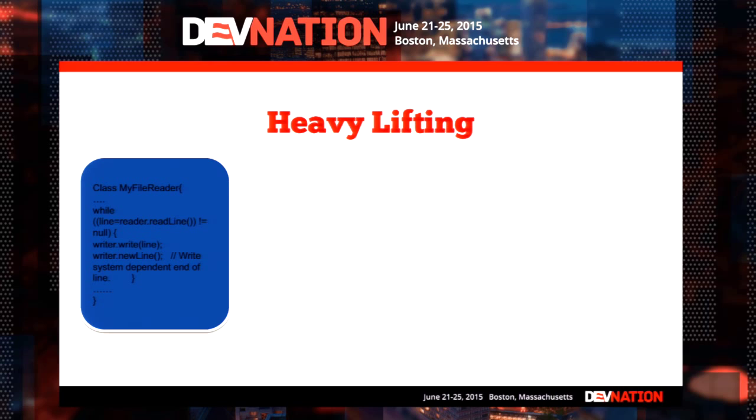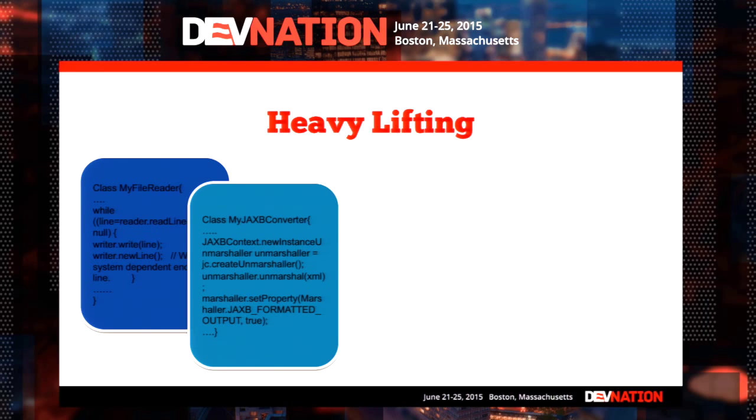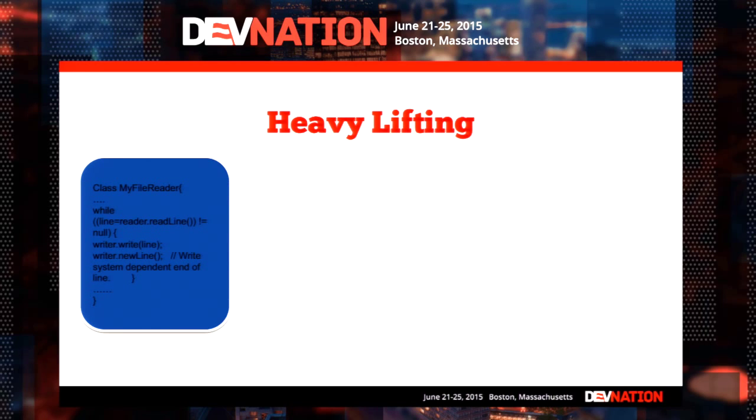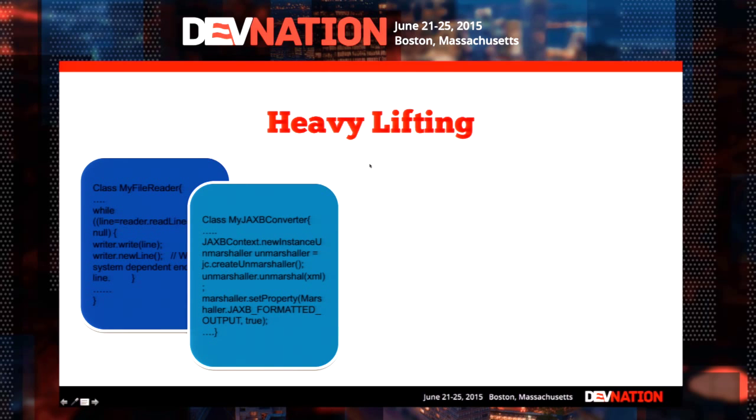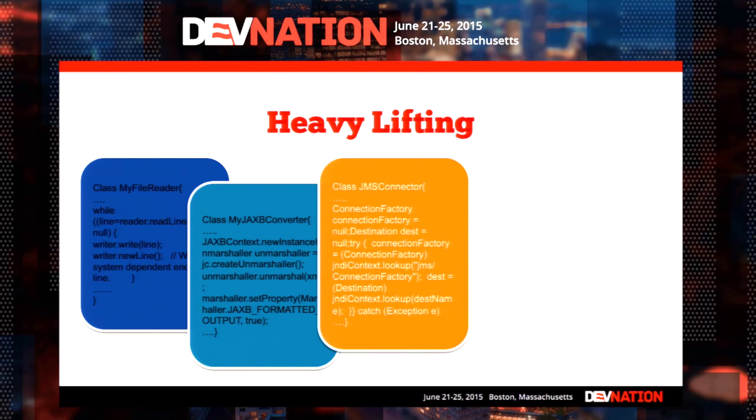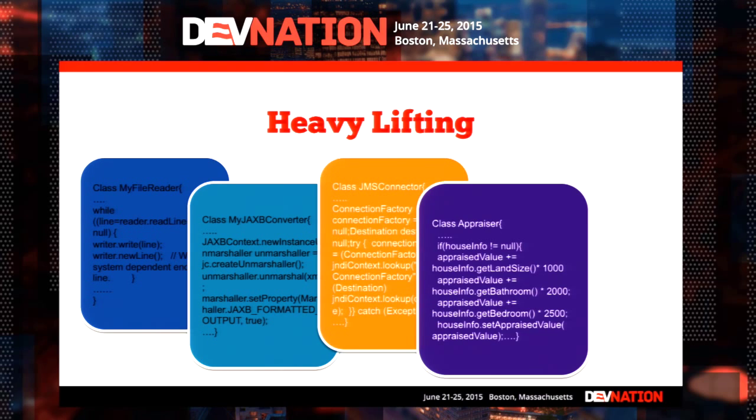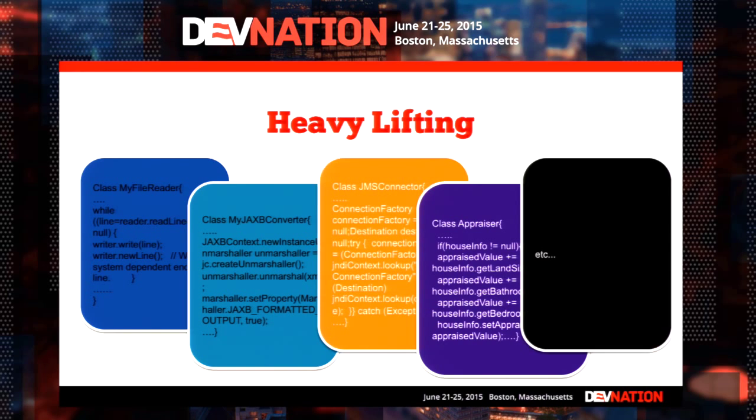So first of all, I need to have a file reader that's going to read lines and things like that. Then we're going to use JAXB, which is going to parse your content. And then we're going to put this message into a messaging queue. And then you have to implement the JMS part and everything. That's everything that you have to write. And then you do your actual business logic of this current content. So this is what you have to do as a developer.